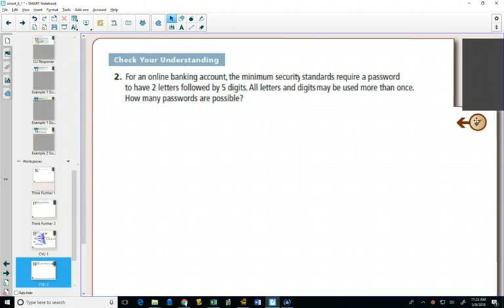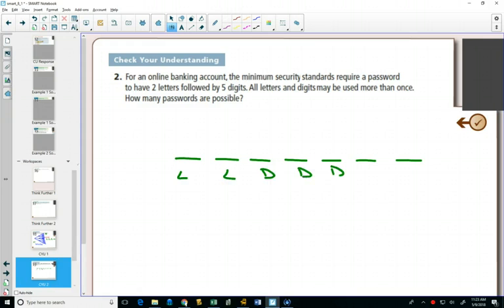So for this online bank account, you have 2 letters followed by 5 digits. So 7 decisions need to be made. And often what we'll do is we'll briefly describe what our decisions are by some sort of word or code underneath.